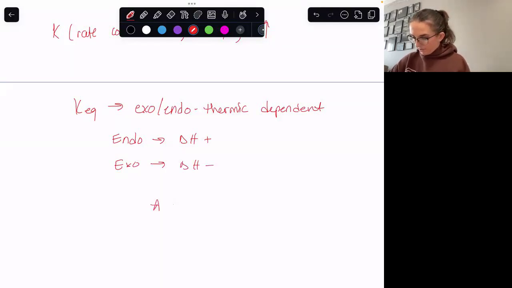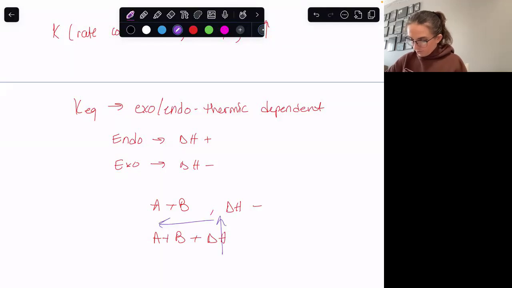So if we have A plus B and delta H is negative, then that means we actually have A plus B plus delta H. So if we increase temperature, then we go towards reactants. But if we decrease temperature, then we go towards products. So it depends on if it's endo or exothermic, and then if you're increasing or decreasing temperature.